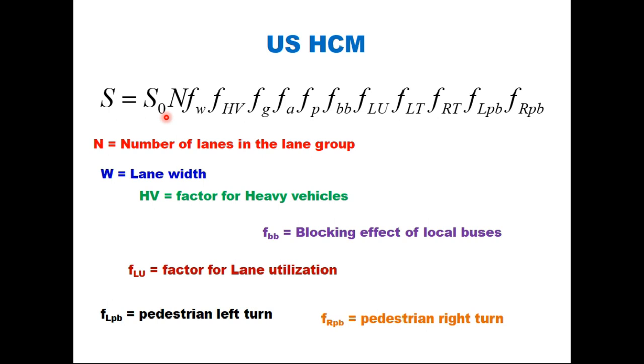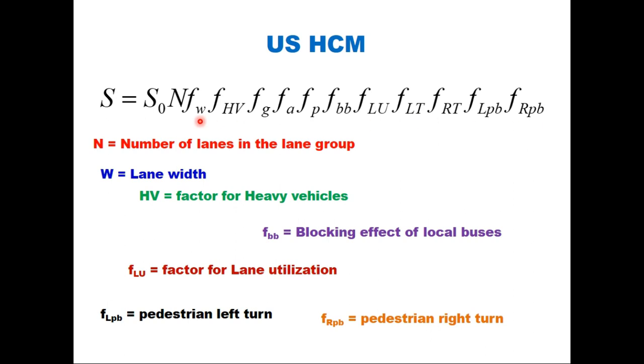Even if there are 5 lanes in the approach, they should be put into 3 lane groups depending upon the traffic operation. S0 is base saturation flow for a lane group per lane. N is the number of lanes in the lane group, and these are the adjustment factors.